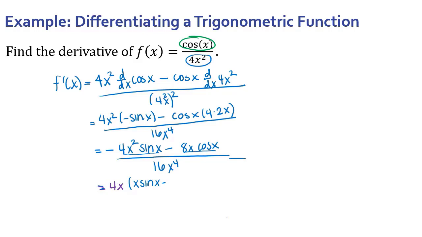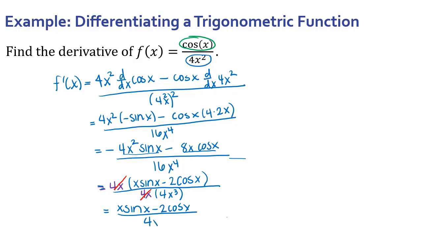The second term divided by 4x leaves me with 2 cosine of x. All over, if I factor a 4x out of 16x to the fourth, I'm left with 4x cubed, because 16x to the fourth divided by 4x is 4x cubed. So now I can see that I can cancel that out, since it's a factor of both the numerator and denominator, and this becomes x sine of x minus 2 cosine of x all over 4x cubed.